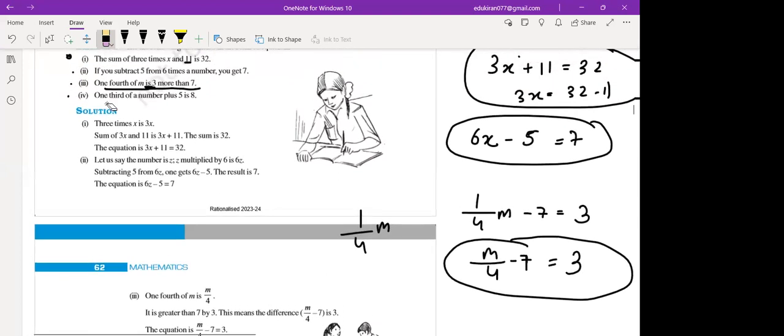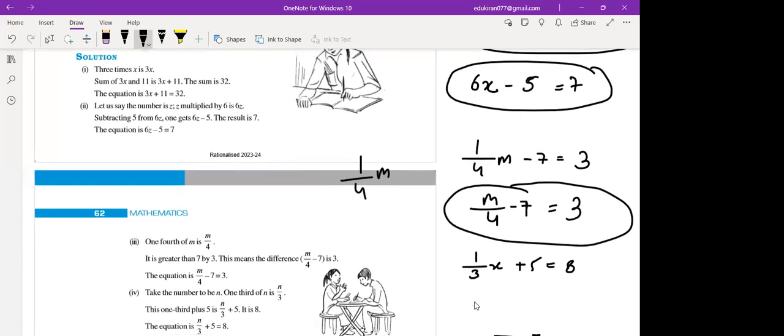For the next one now, 1/3 of a number, 1/3, it can be 1 upon 3x, right? Of a number plus 5. You have to add 5 equals to 8. Clear? So it's your choice how you want to write. You can write it like this as well, or you can write it like this. You can take any number. I have taken x because over here they have given any number. You can take m, n, z, whatever you feel like.